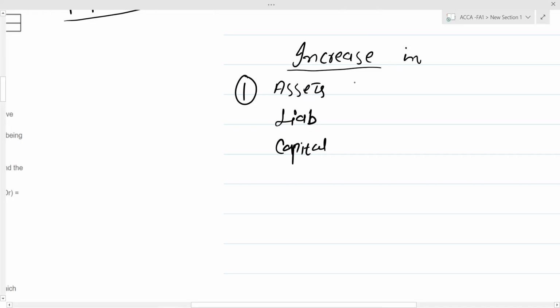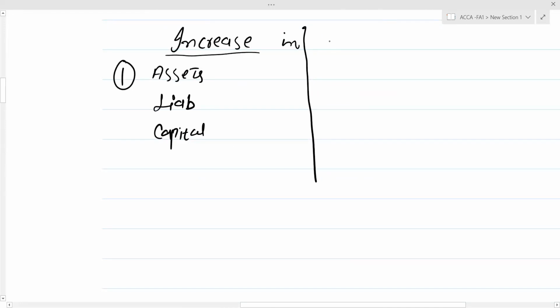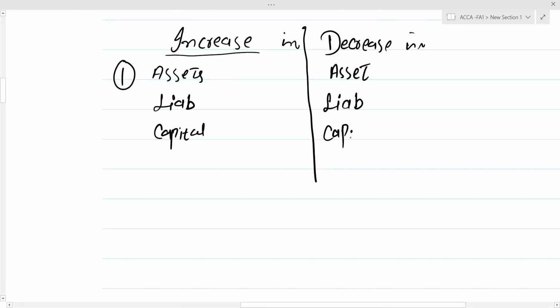Vice versa, if assets are decreasing, if liabilities are decreasing, if capital is decreasing, we will deduct anything that causes the assets, liabilities or capital to reduce.